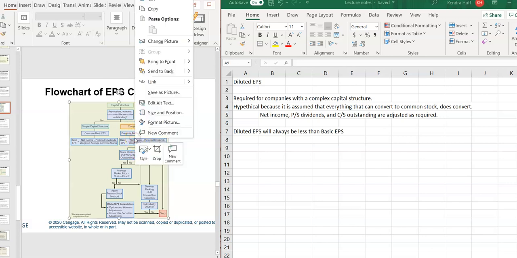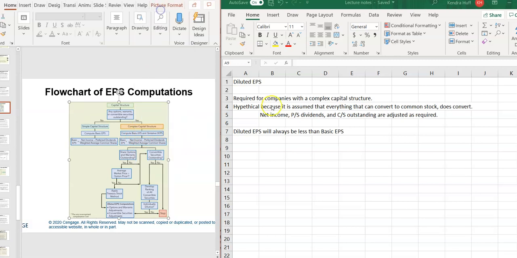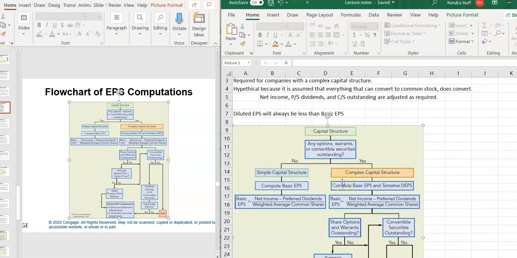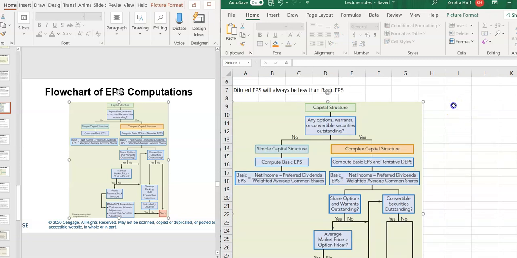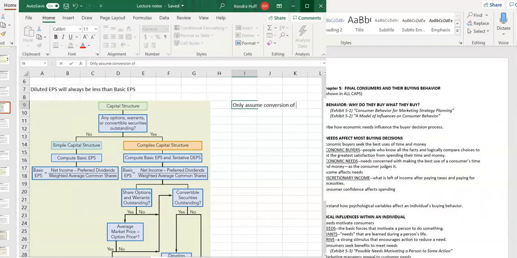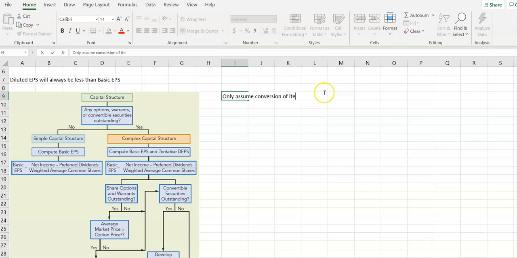Okay, so you will only assume conversion of items that are dilutive.